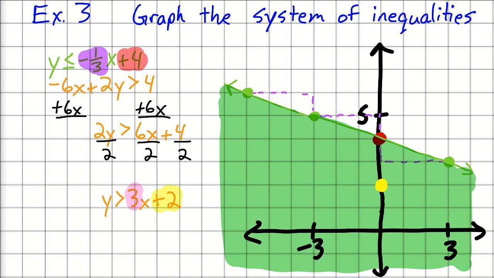So my slope is 3, which means go up 3 and to the right 1, or down 3 and to the left 1. So I have points here and there and there. And because this is just greater than, not greater than or equal to, that means it's dotted lines.